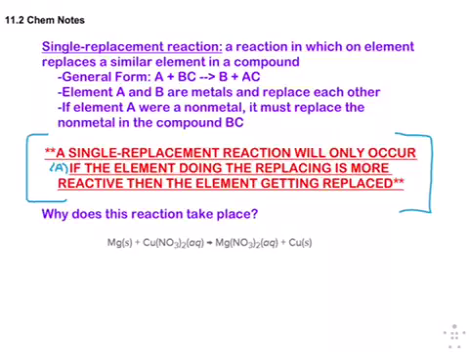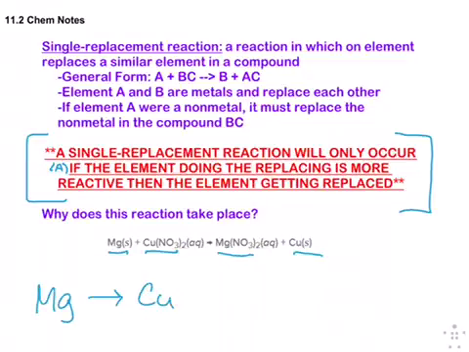So, practicing this rule. Why does this reaction take place? We're looking at magnesium and copper nitrate becoming magnesium nitrate and a lone element copper. So magnesium is replacing what element? Magnesium is replacing copper.